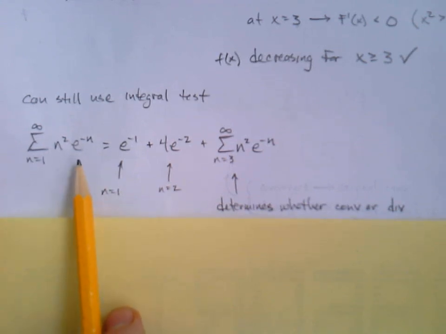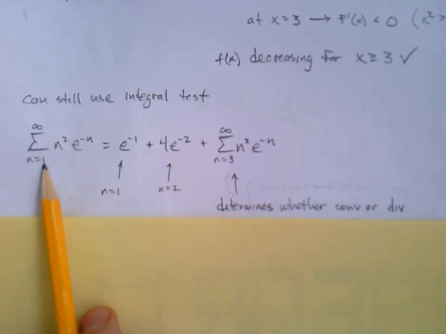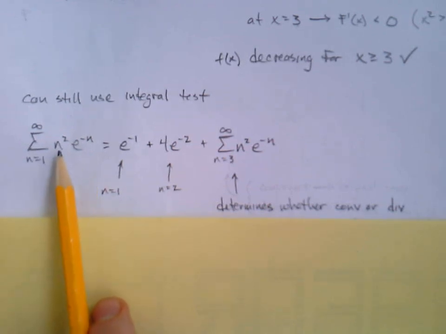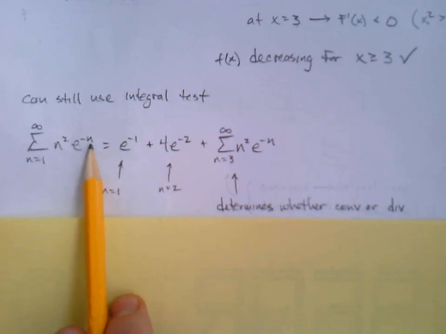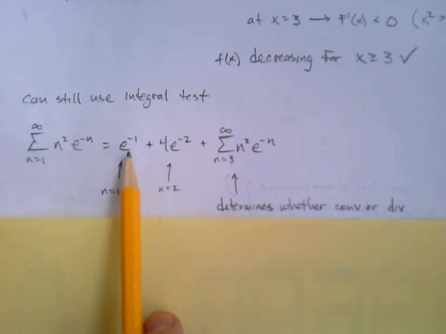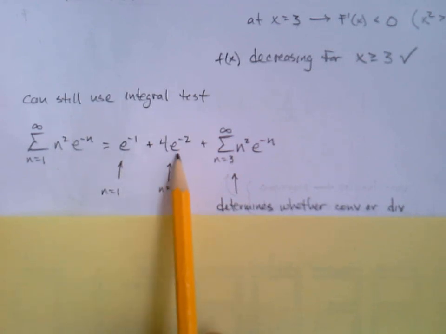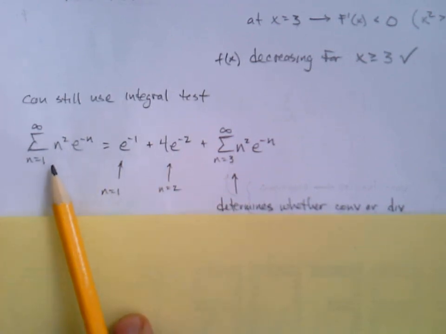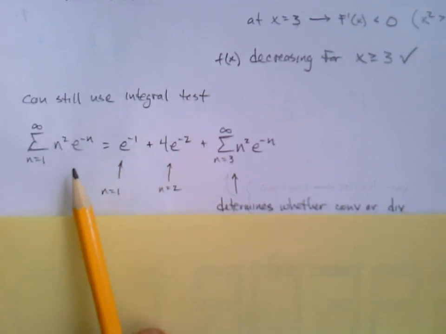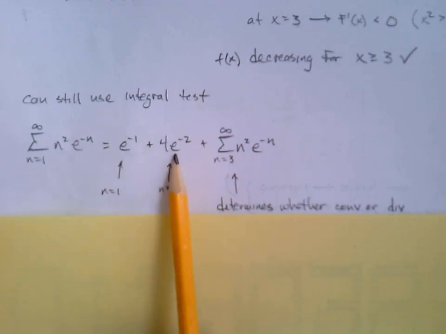Well, then let's think, what is the term at n equals 1? Well, 1 squared e to the negative first. At n equals 1, this is the term. Then I'm going to add the second term. At n equals 2, it's 4 e to the negative 2. So there's the n equals 2 term.